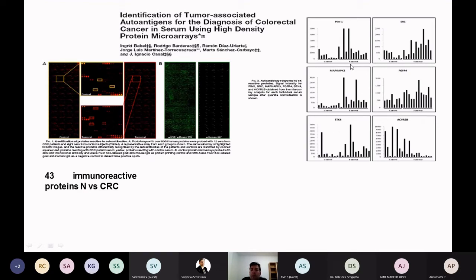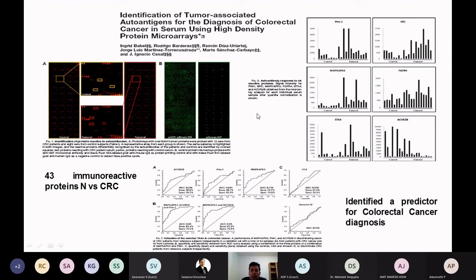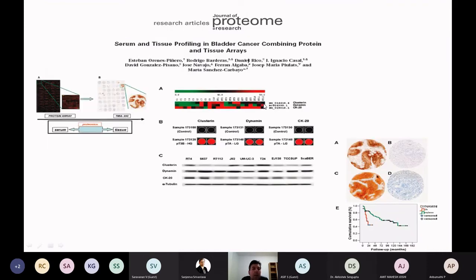The differential seroreactivity found in the microarrays is shown here in the slide. And you can see the difference in intensity between the tumoral group and the control group for 6 selected proteins. The authors were able to identify also a predictor for colorectal cancer diagnosis, which was also patented.